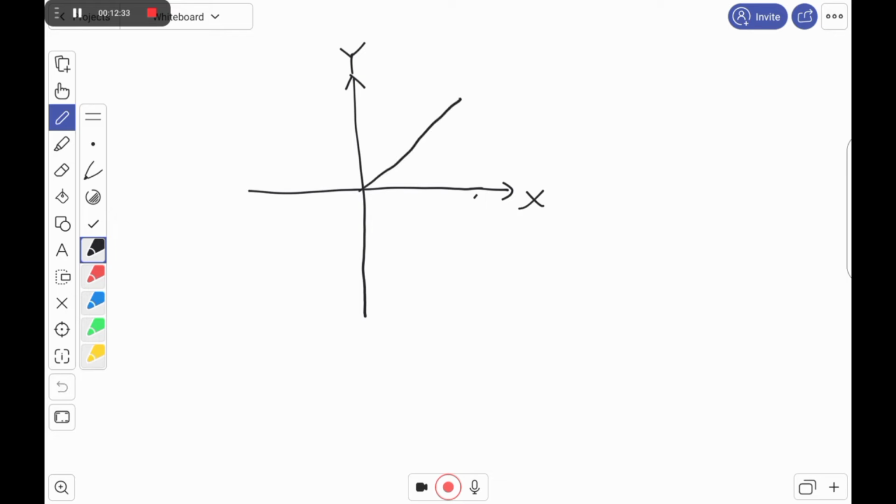So 5 Newton is over here, one vector. Another vector, 10 Newton, is over here. And another vector, 20 Newton, is over here. Now find out the x component and y component. How to do? Angles are given. This is 37 degrees and this is 53 degrees, and 53 degrees, and this is your 37 degrees.